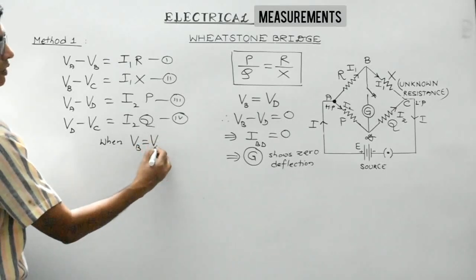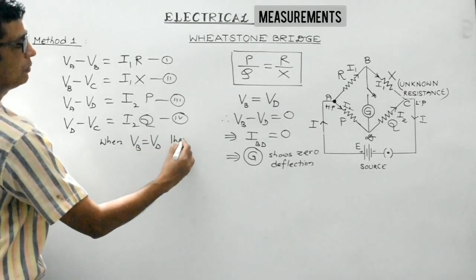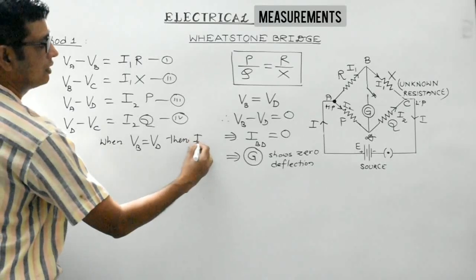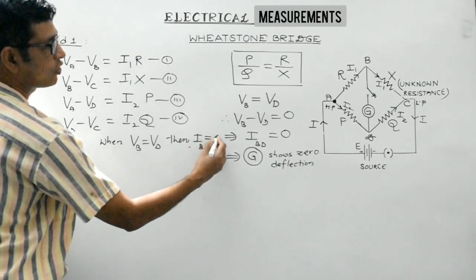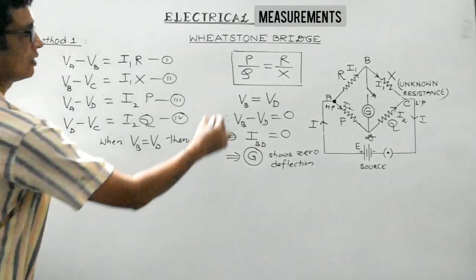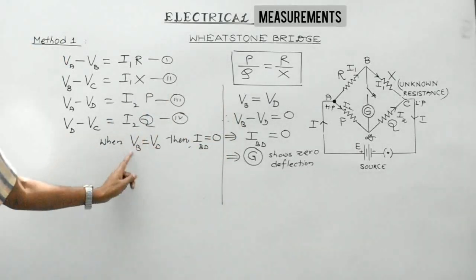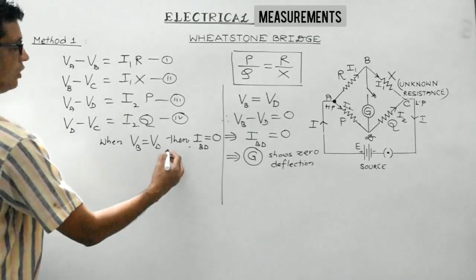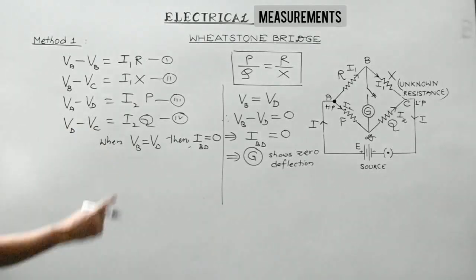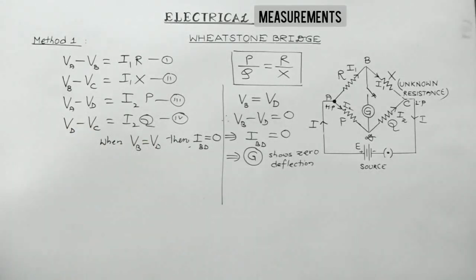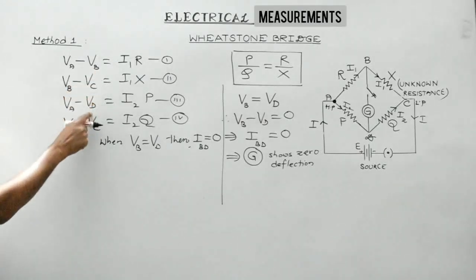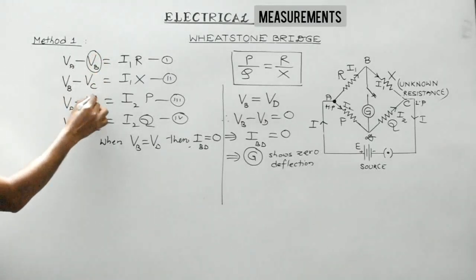So, when VB is equal to VD, then the bridge is said to be balanced. Then the current flowing through the branch in which the galvanometer is connected would become 0. Right? So let's apply this condition in these 4 equations. So VB equals VD. Now look, these two are equal.